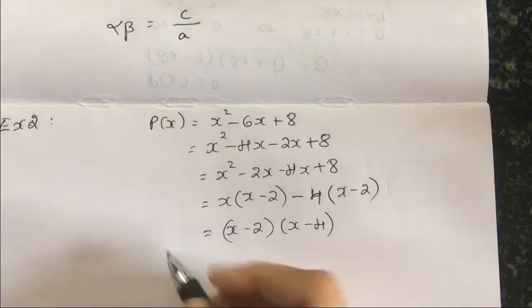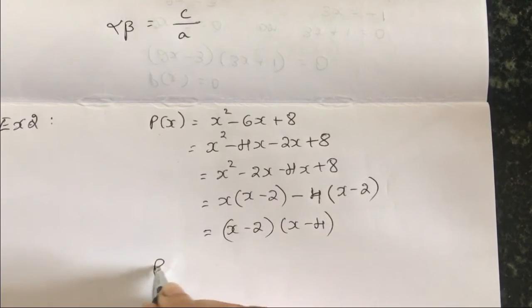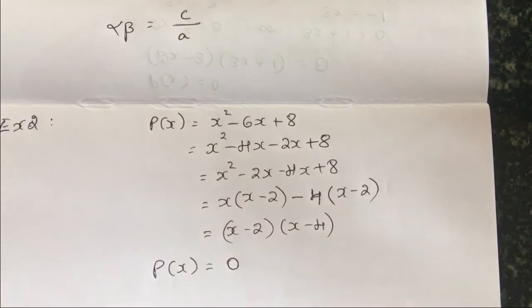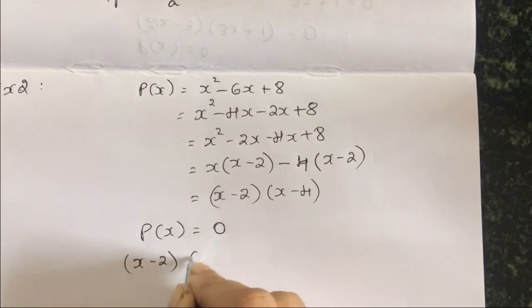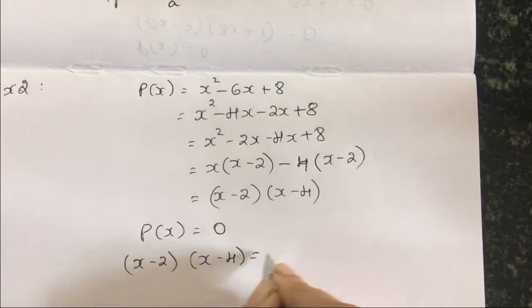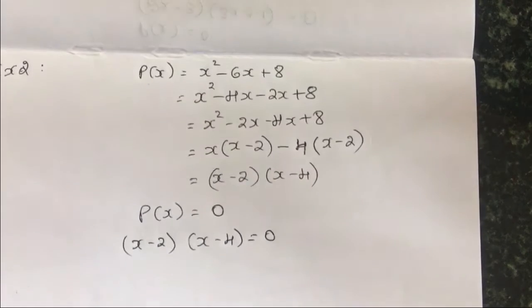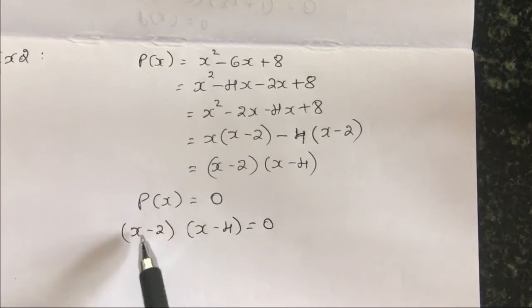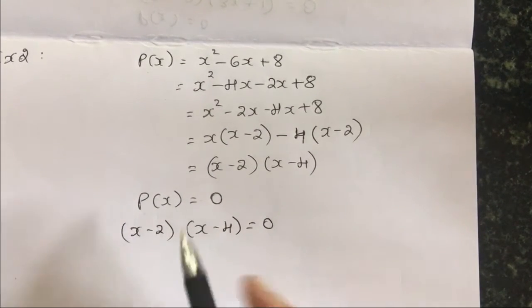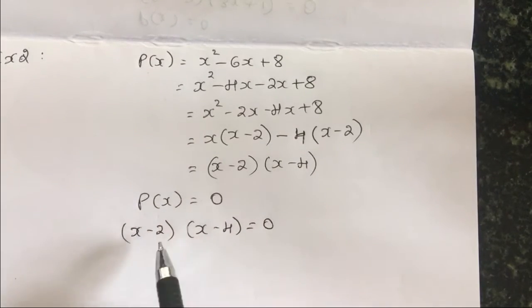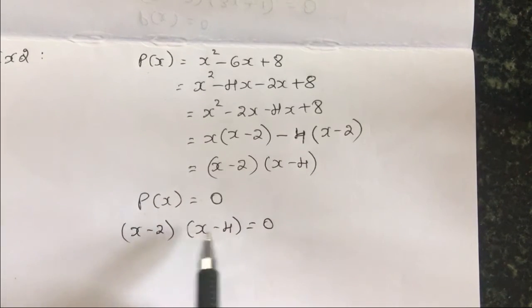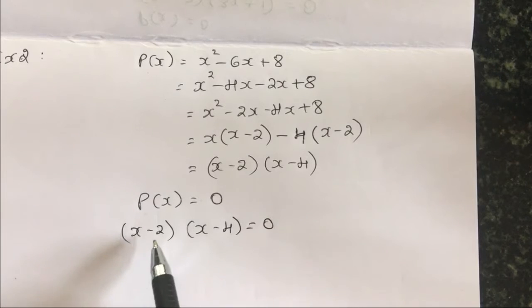So to get the zeros, I have to equate p of x equal to 0. So x minus 2 into x minus 4 is 0. Product of two terms is 0. This is possible only if any one term is 0, right? In fact, both the terms can be 0, but mainly when you take a product of two terms equal to 0, we take either this is equal to 0 or this is equal to 0.